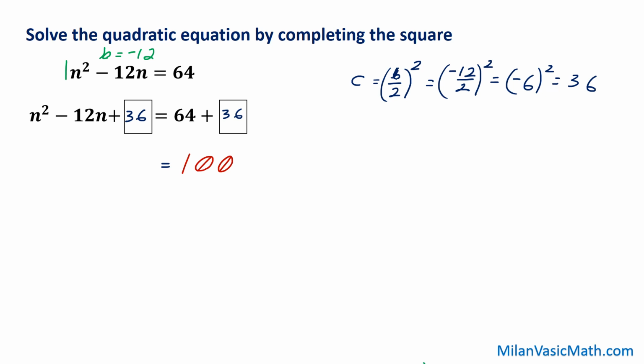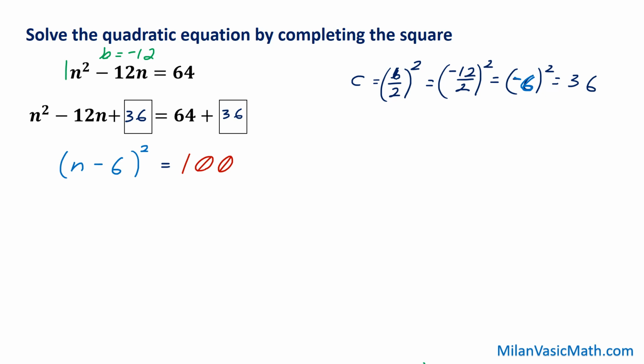And on the left side, because I know that's a perfect square trinomial, I can go ahead and factor it as a quantity squared. In this case, n minus 6. And you'll notice that minus 6 will always be related to that negative 6 in there. It's always going to be half of the b value.